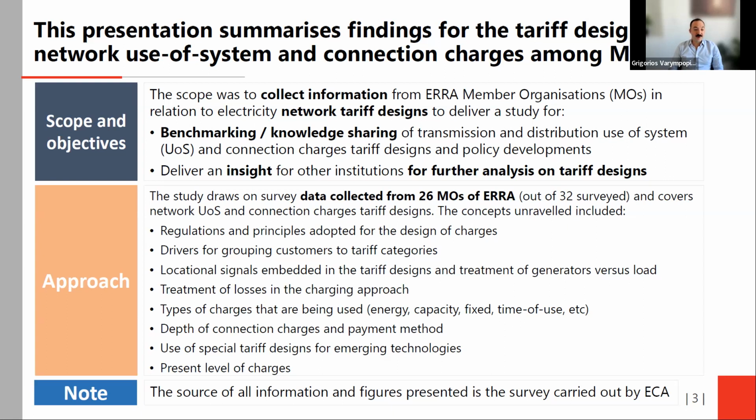We also analyze the present level of charges that are being applied and the relative difference for the charging of different customer categories. All the figures and the information you will see in the following slides were sourced from the survey that was carried out through the member organizations of ERRA.